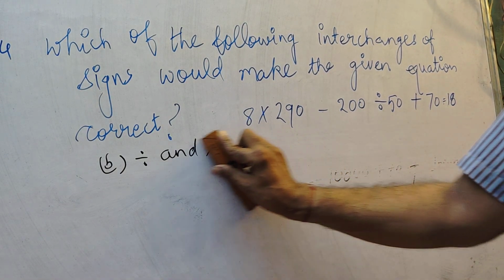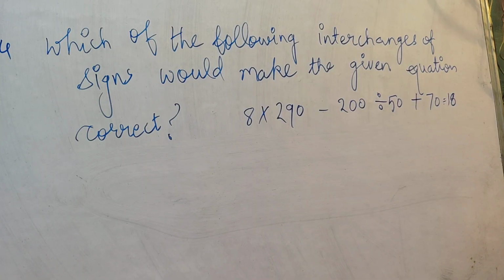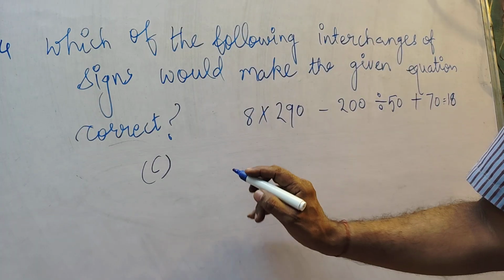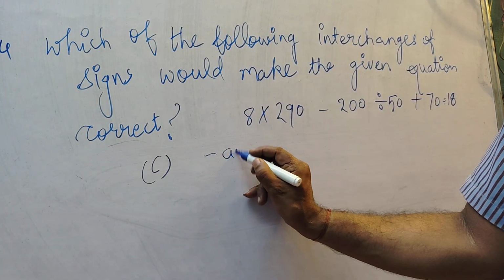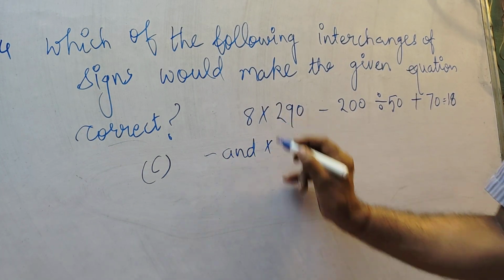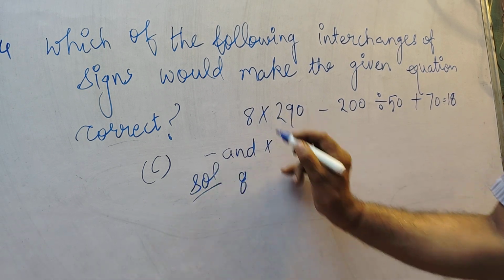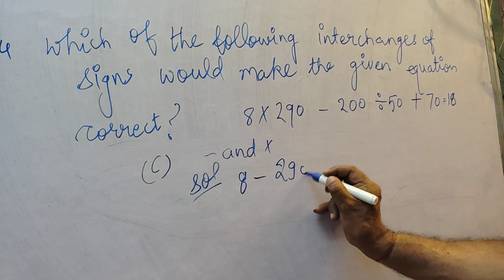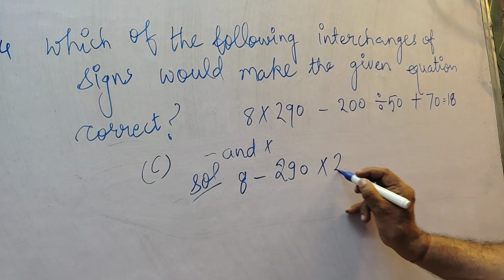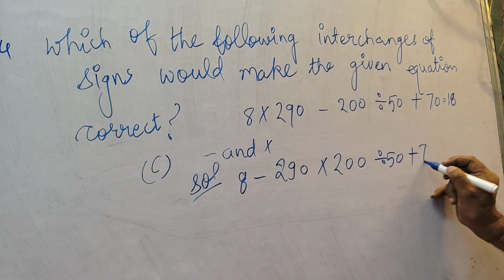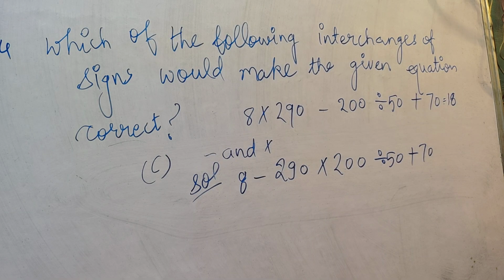So come to the next, C option. We have to find the correct option. The question is saying find the correct option. C option is replace minus and multiply. So multiply is replaced with minus, minus is replaced with multiply, divide as it is, 70 as it is, plus as it is.